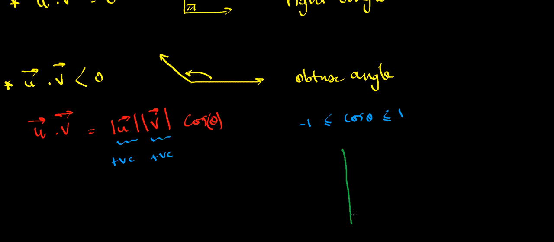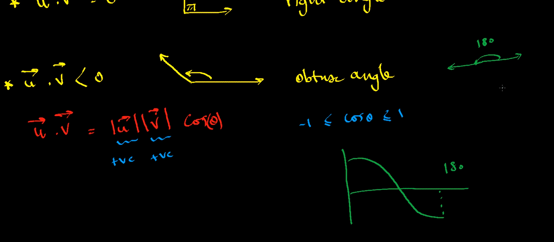So if you sketch the graph of cosine theta and make the angle range from 0 to 180 degrees, because that's the maximum angle we can find between any two vectors. If we draw two vectors, that's the maximum angle, 180 degrees. If you keep moving the vector counterclockwise, the angle will be this angle over here, so it will be less than 180 degrees. 180 is the largest angle we can get between any two vectors.